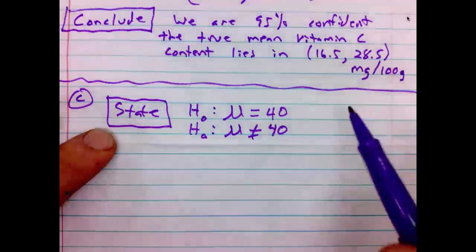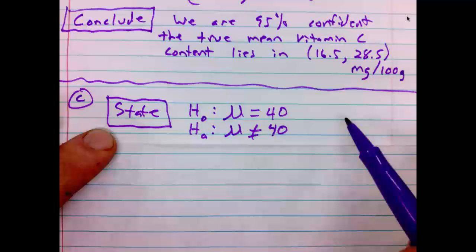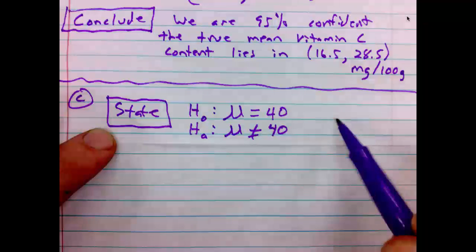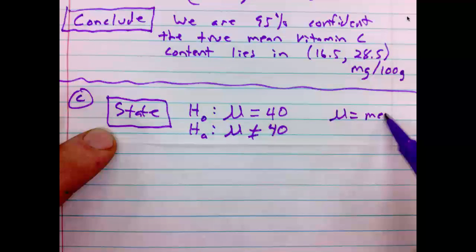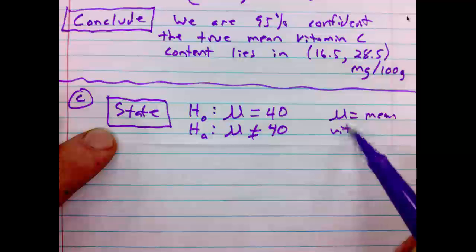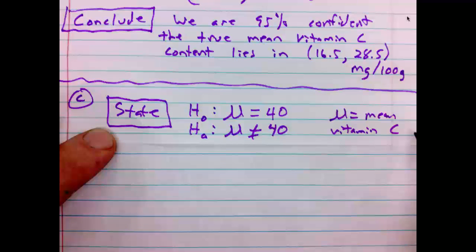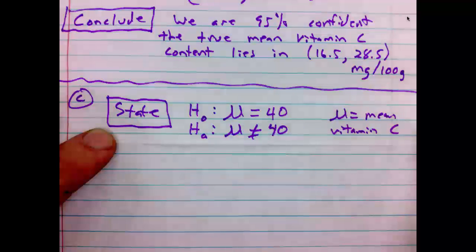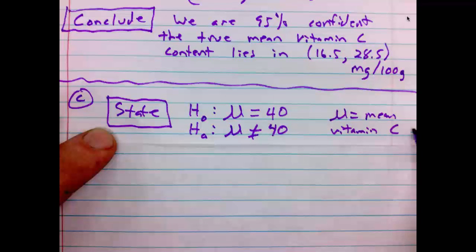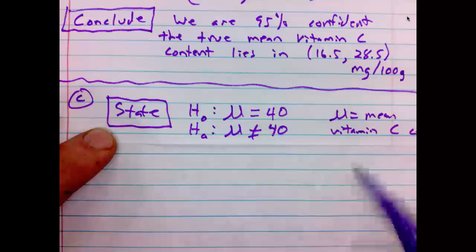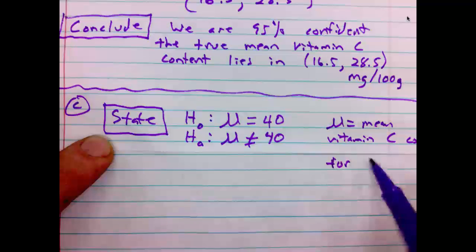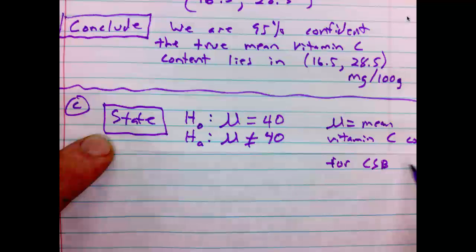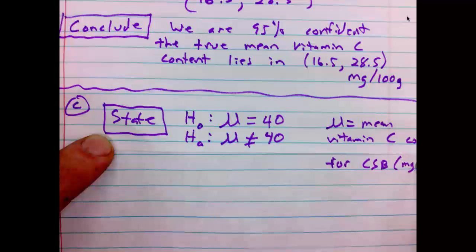All right, and we will define what mu is. Mu is the mean vitamin C content for CSB measured in milligrams per 100 gram.